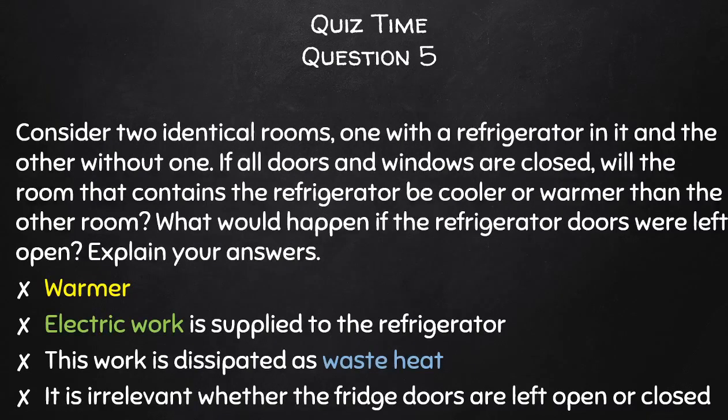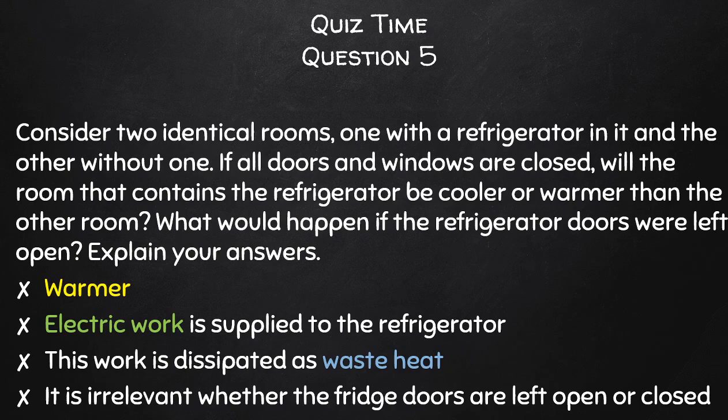So for the first question, will the room that contains the fridge be cooler or warmer? The answer is that this room would be warmer. The reason is that electric work has to be supplied to the refrigerator all the time to keep it cool, and this work is eventually dissipated as waste heat.